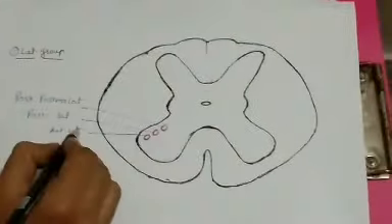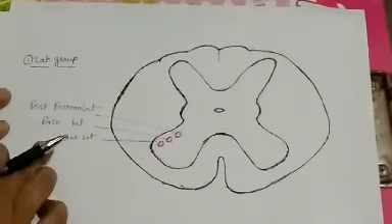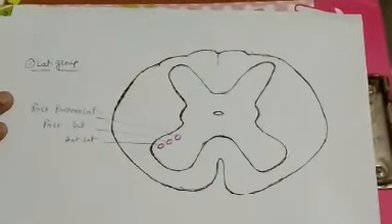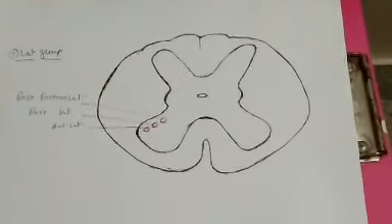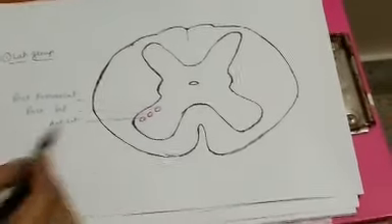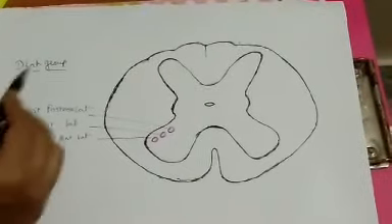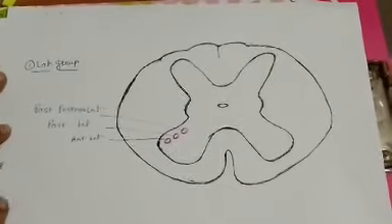Now this lateral group is present within only the cervical and lumbar segments of spinal cord, because this group supplies to muscles of extremity.